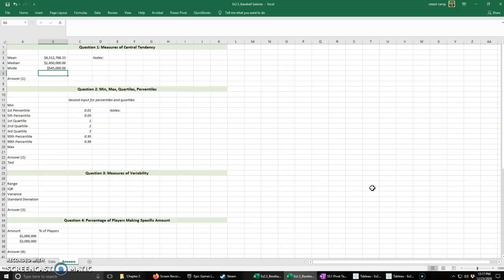And that would be what we would call a right skewed distribution, because even though it's on the left, it's got a longer tail on the right. And I'll show that when we get down to the graph. Actually, it'll be easier to talk about there. So the mean is significantly higher, so it is skewed. The mode really isn't a good measure of the central tendencies here because 545 is the league minimum, so that's like 0.